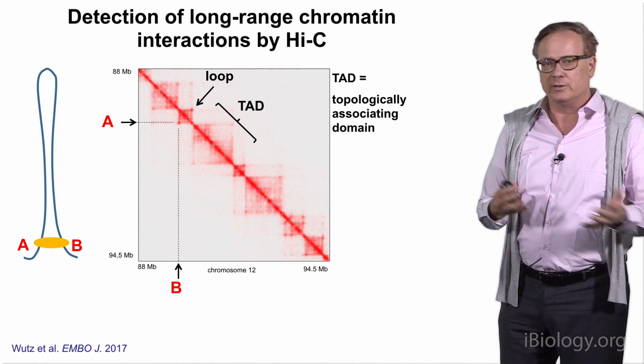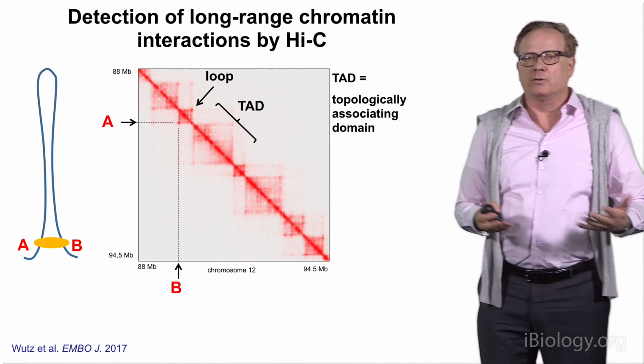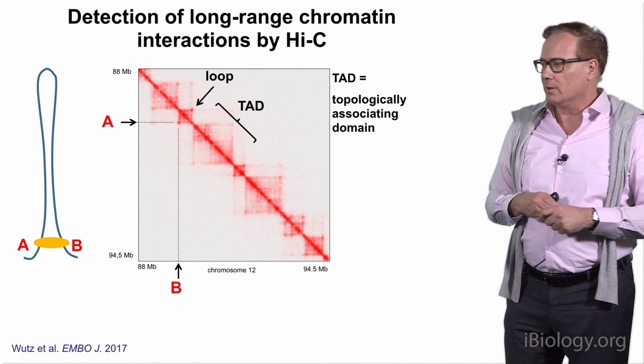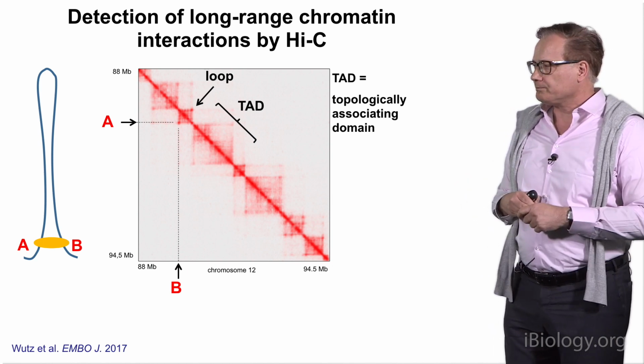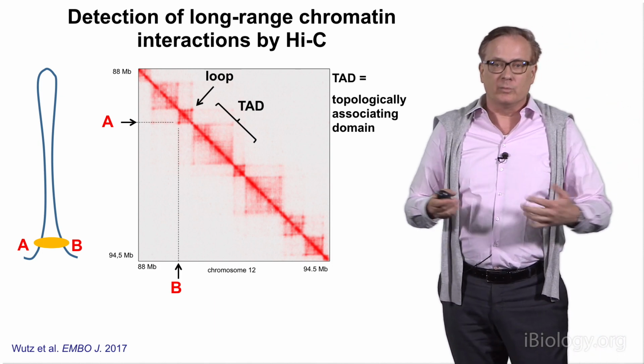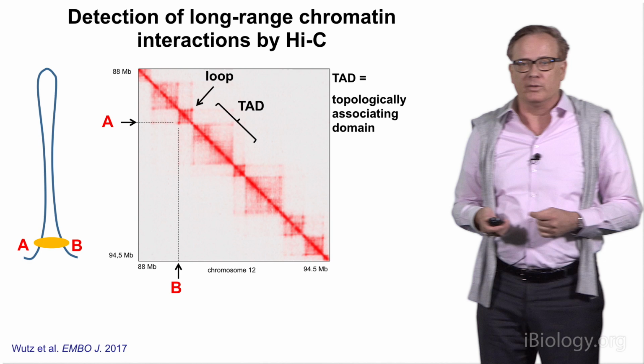It's important to note that these loops might, in mechanistic terms, not be very different from the interactions that constitute TADs. But these are the two types of patterns that one can identify, which do represent folded DNA within interphase chromatin.